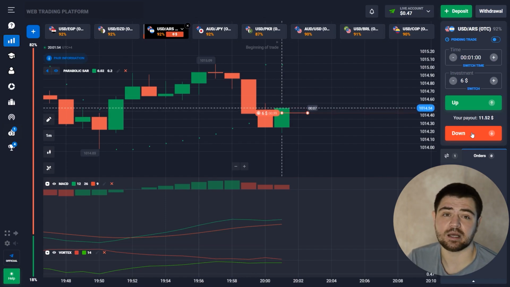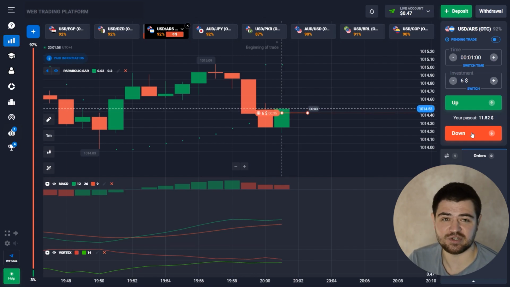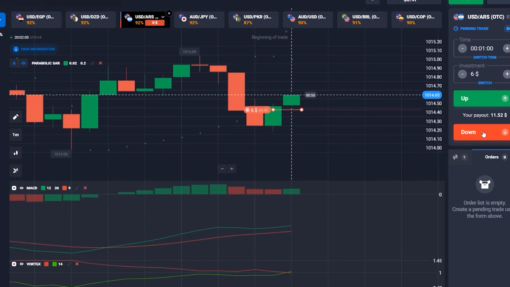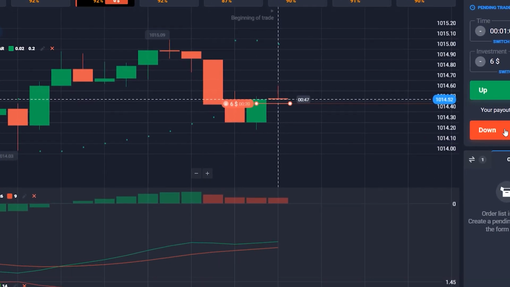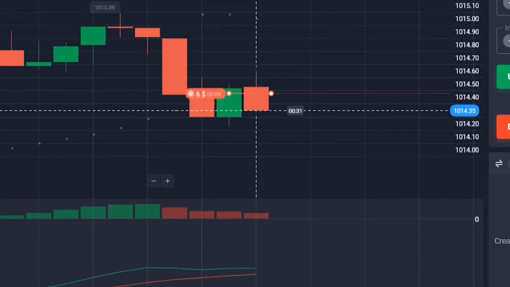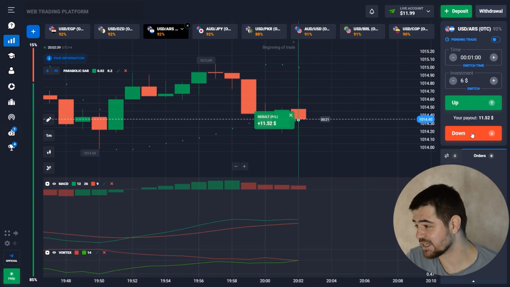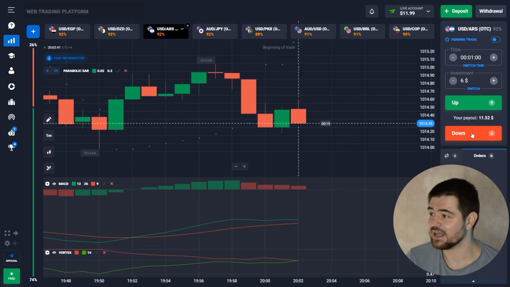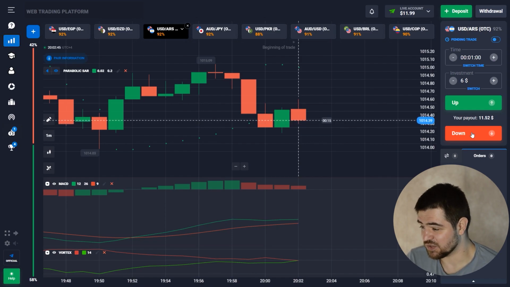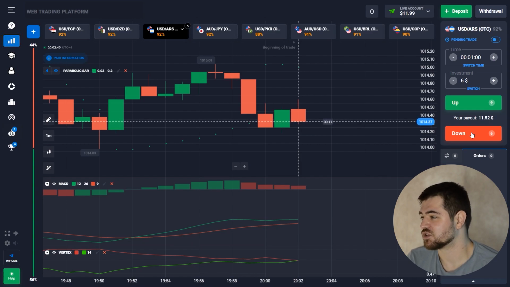And globally, generally, there's a downtrend, so we're going to just use that, and let's wait for the result of that. Here is our next profit, $11, and we are going to move on with our trading.